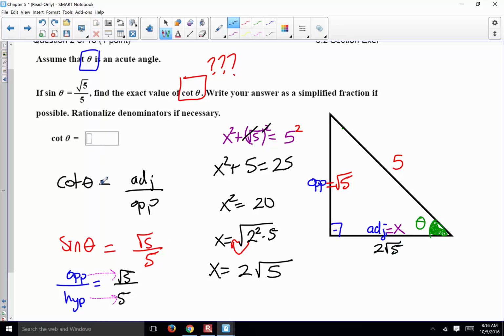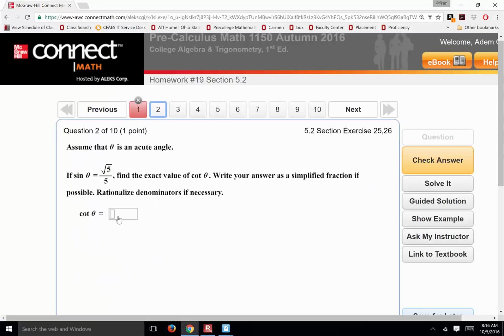Okay, can you get the cotangent now? Adjacent is now known. Opposite was already known to us, which is 2. Okay?